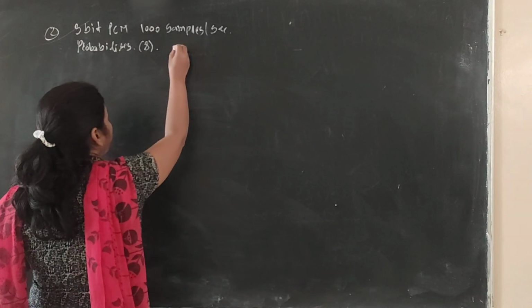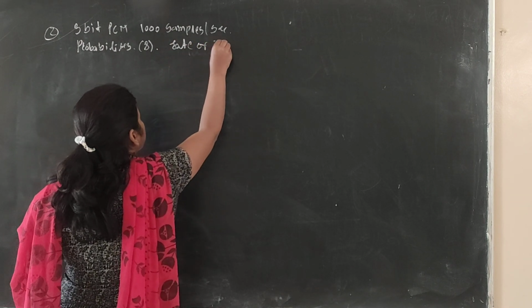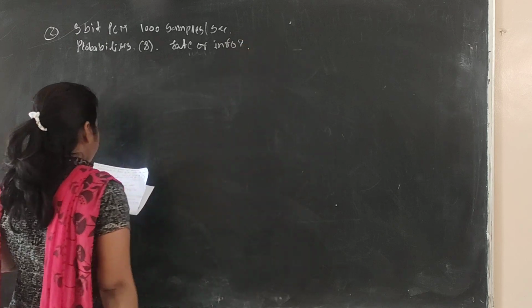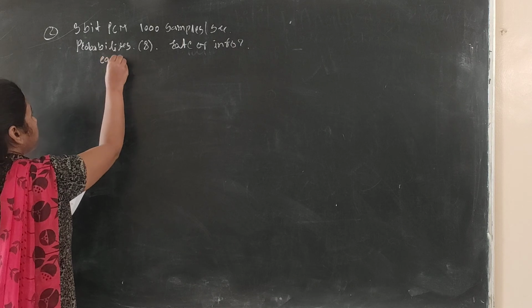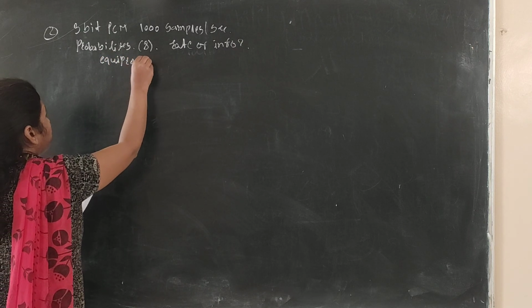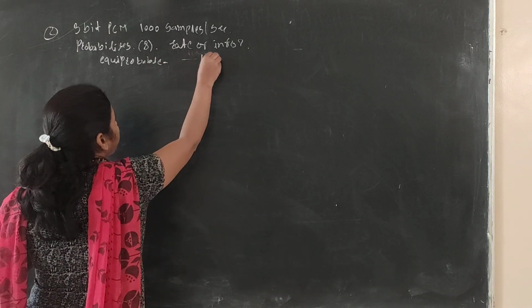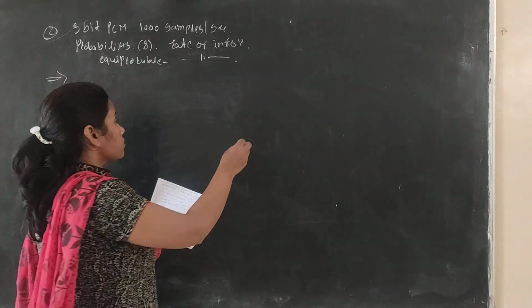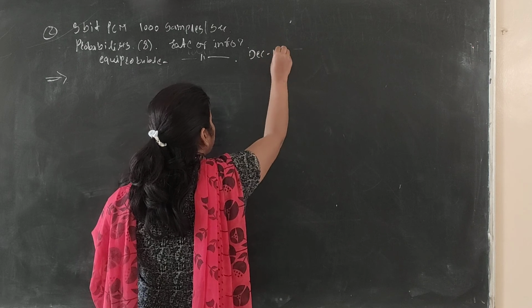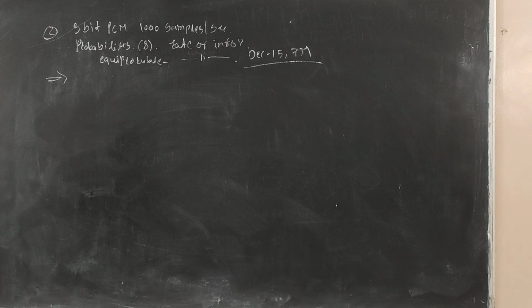Also, if the samples are equiprobable, what will be the rate of information? Okay, this is the numerical. This numerical was asked in December 15, 4 marks. Okay, note down this.